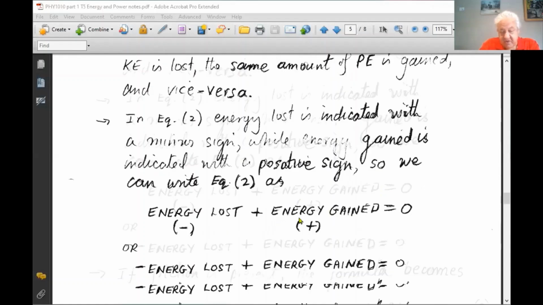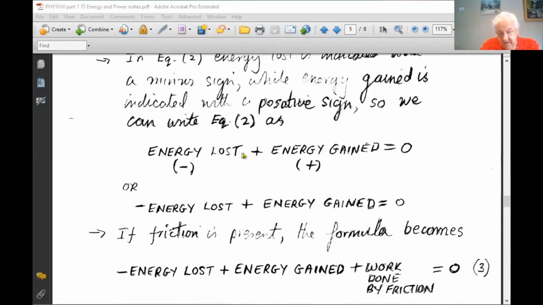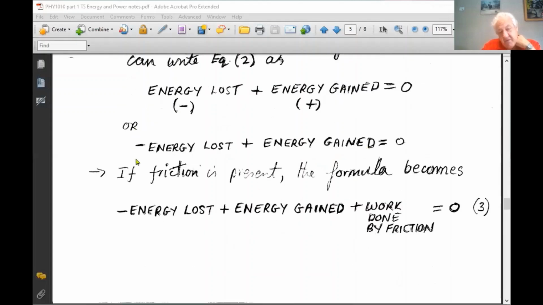So we can write equation 2 as energy lost plus energy gained. You see, we don't know whether it's kinetic or potential that's lost, so we'll write it generally as energy lost, and similarly here. So I have a minus attached to energy lost and a plus attached to energy gained. So I can write my equation like this.